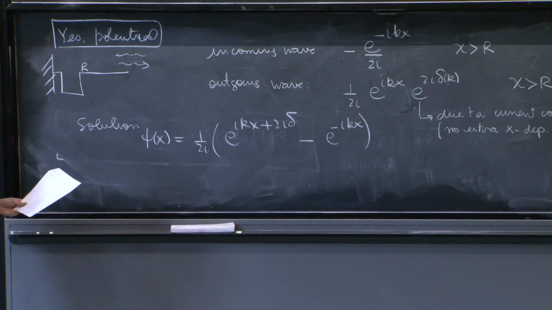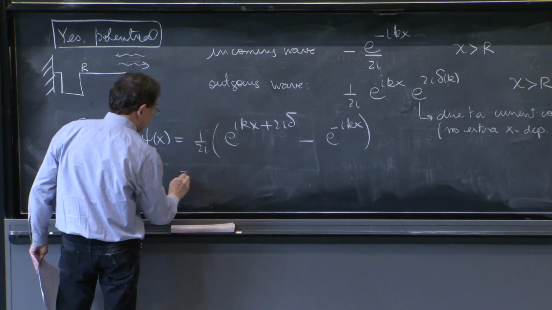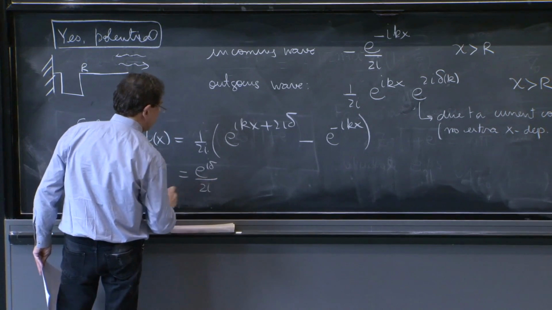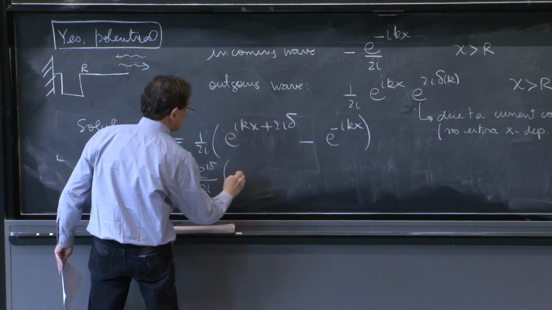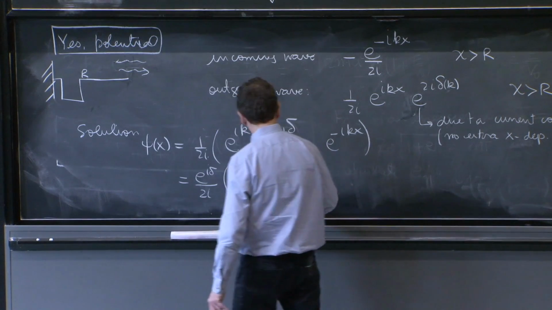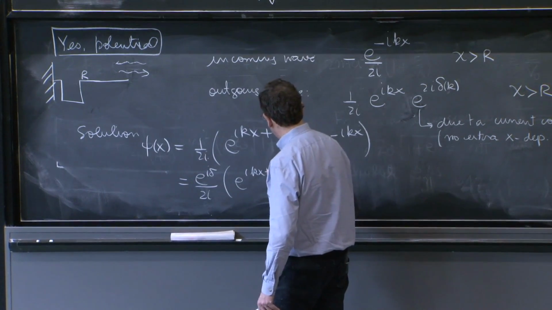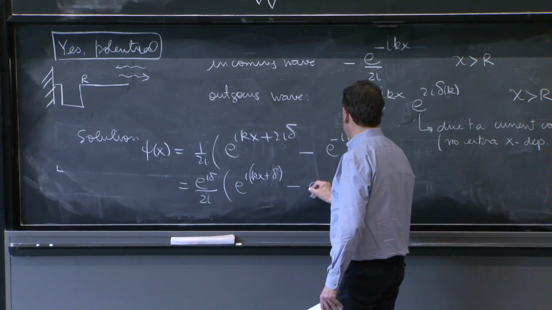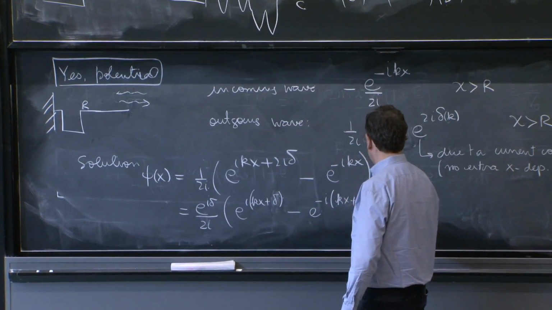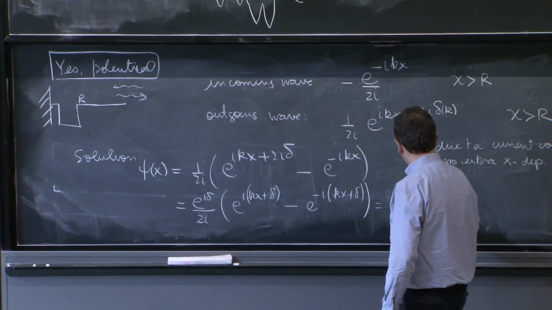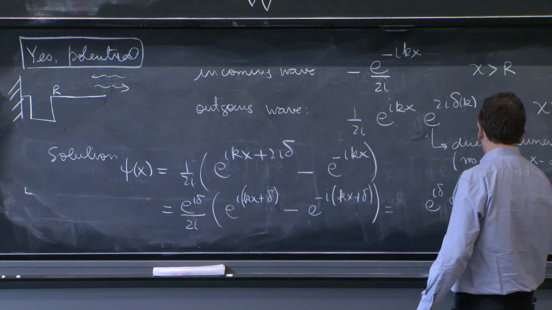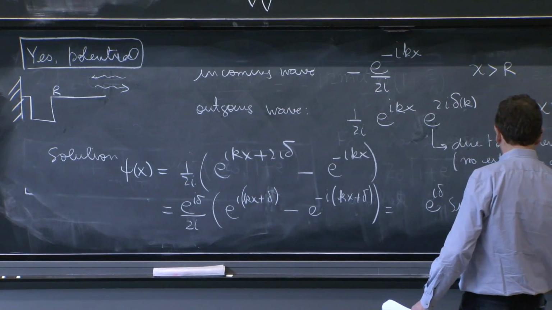It's convenient to pull out i delta to make the two terms have opposite arguments. So e to the i (kx plus delta), parentheses, minus e to the minus i (kx plus delta). So this is e to the i delta times sine of (kx plus delta).